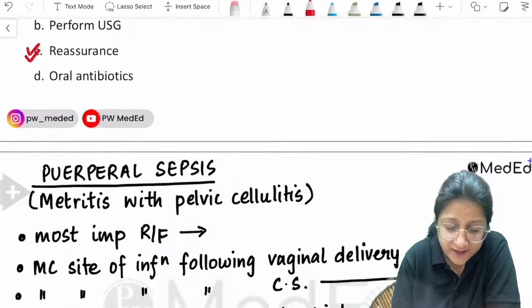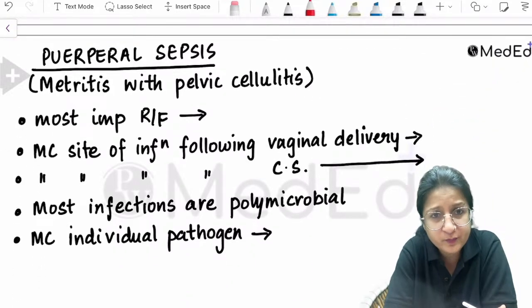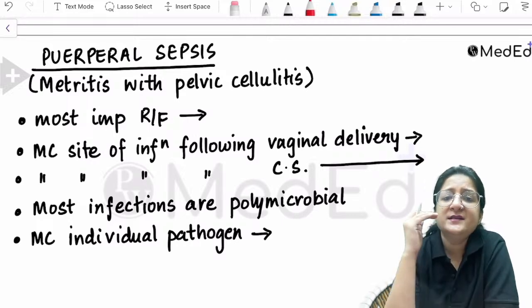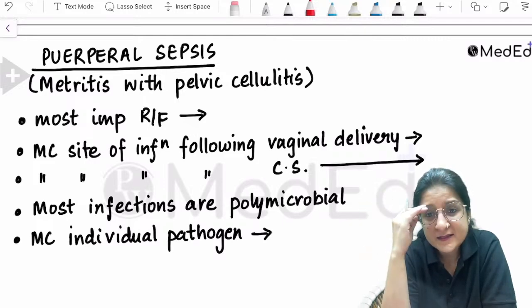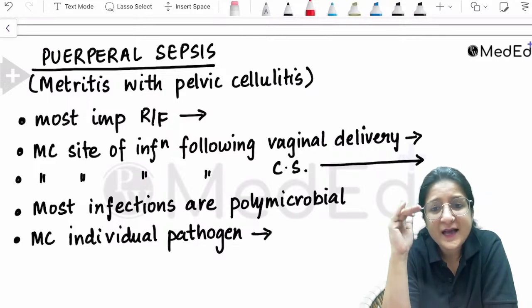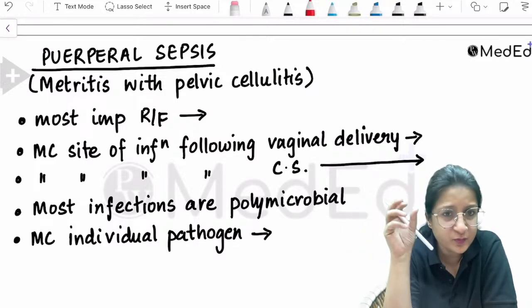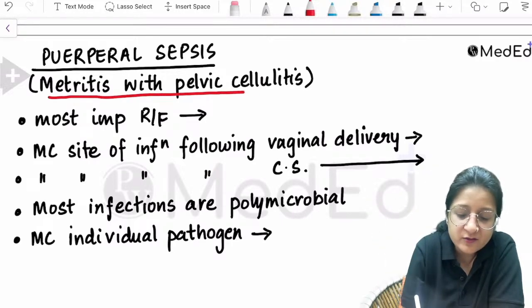So what are your findings of puerperal sepsis, if that is the question? Let's just talk about puerperal sepsis also. Puerperal sepsis is basically infection of the upper genital tract, meaning uterus and above, as a result of the delivery that happened. So what is happening there? Metritis with pelvic cellulitis.